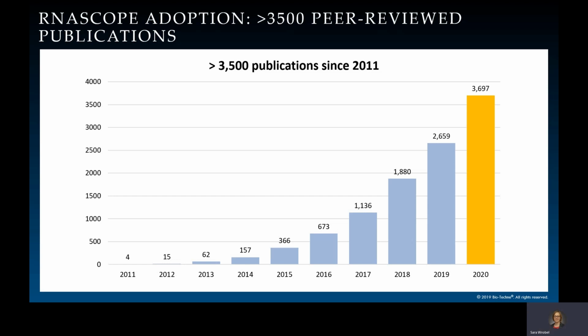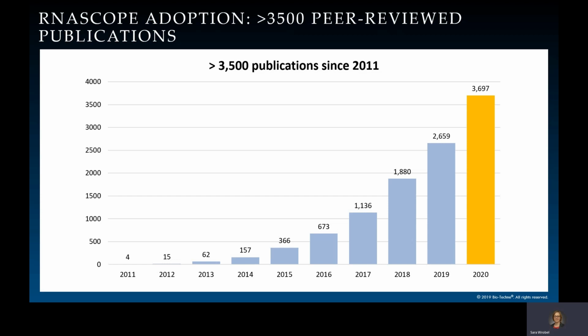And furthermore, the incorporation of RNAscope technology and that visualization of spatial genomic information at a single cell level has been rapidly adopted by people wanting to spatially map and confirm their single cell RNA-seq data.